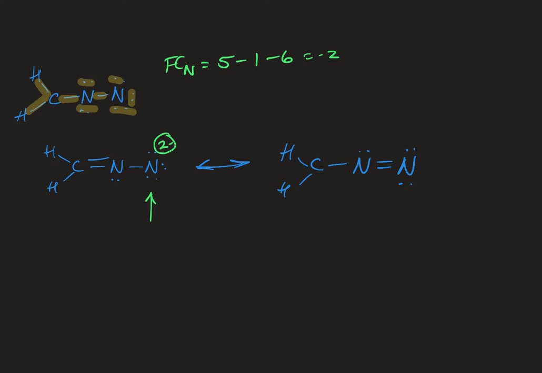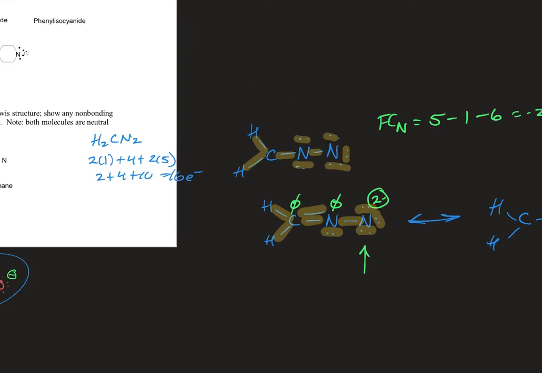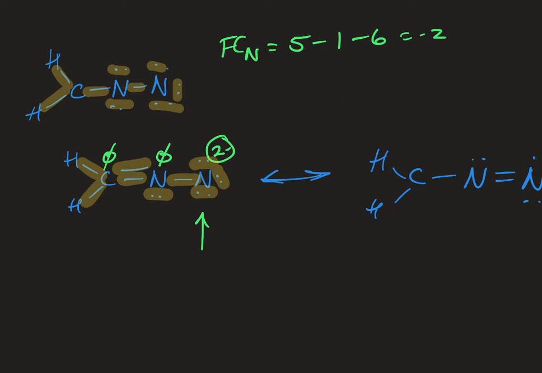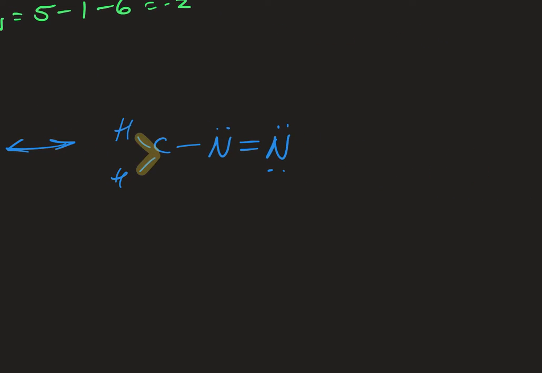The nitrogen in the middle has 3 bonds and a lone pair, so that is neutral. And the carbon is also neutral. If we add up the electrons, 2, 4, 6, 8, 10, 12, 14, 16, and 18. So that has too many electrons. 2, 4, 6, 8, 10, 12, 14, 16.